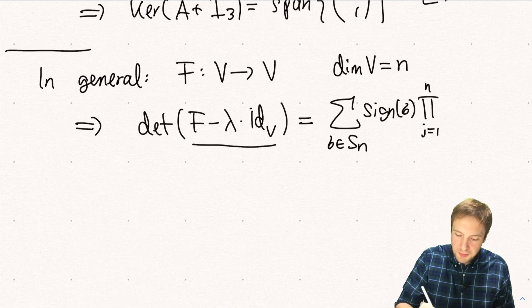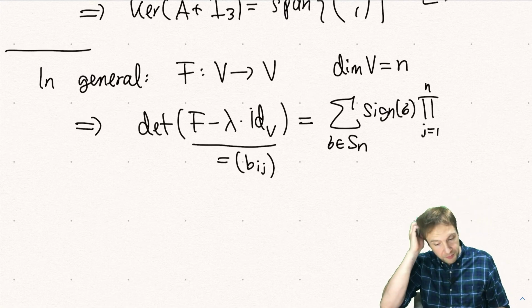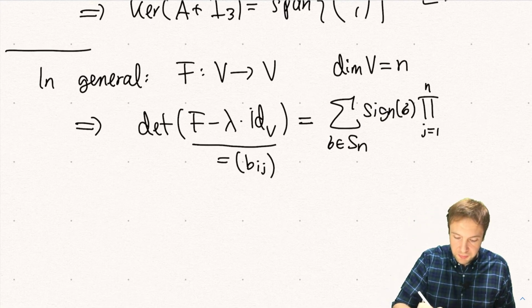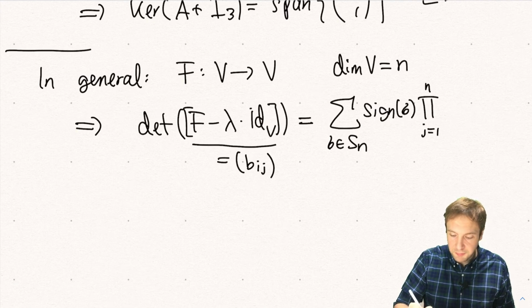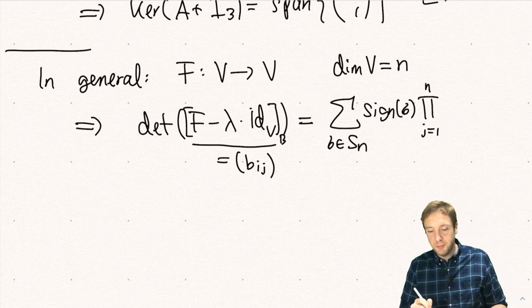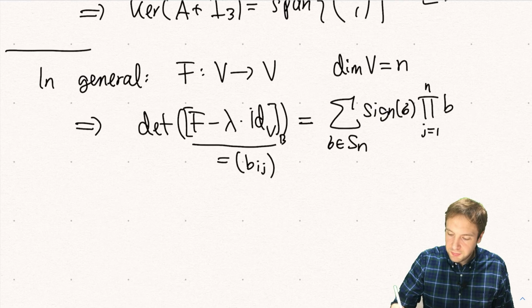So let's say this matrix is a matrix with entries b_ij. So let's say we have some basis, and we have the entries b_ij here. So we have the product of b_{j,sigma(j)}.